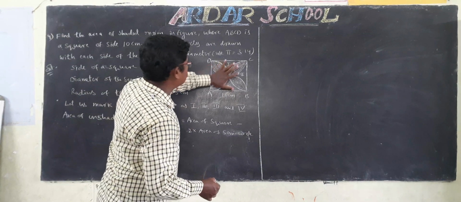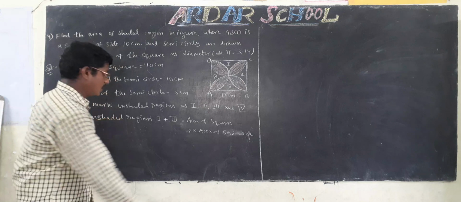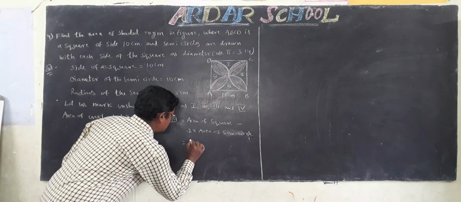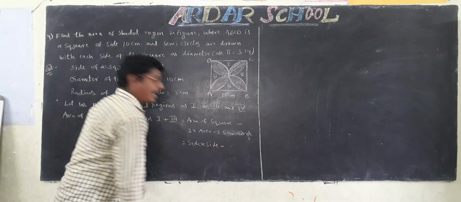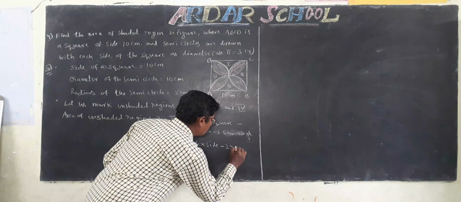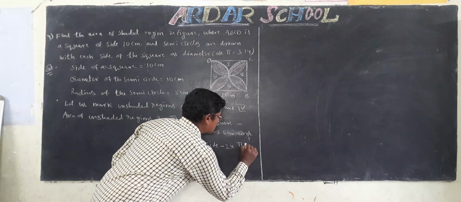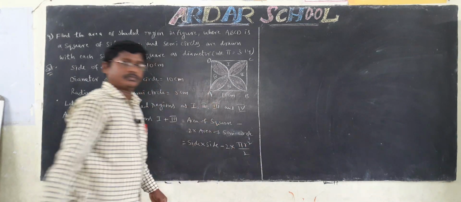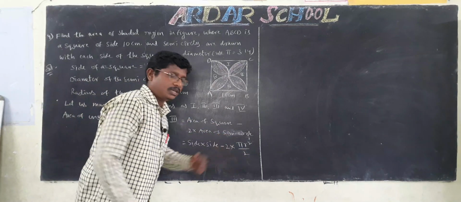In this one 2 semicircles are there, so 2 into area of semicircle. The area of a square is side into side, minus 2 into the area of a semicircle, pi r square by 2. The area of a circle is pi r square, and the area of a semicircle is pi r square by 2.